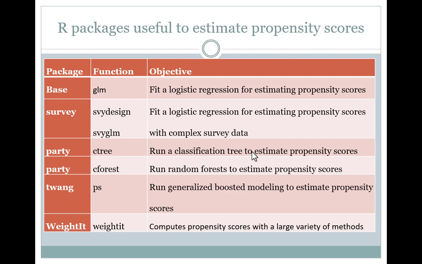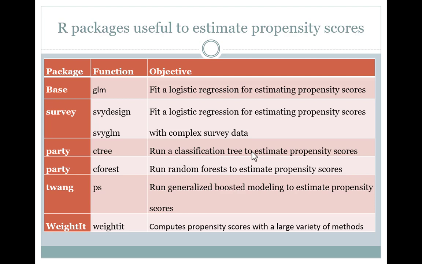For random forest, there is the party package, but there are others too. Again, the packages may provide different results. For GBM, the twang package is excellent because it was developed specifically to implement GBM for propensity score estimation. Then a front end to a lot of methods is the weightit package.